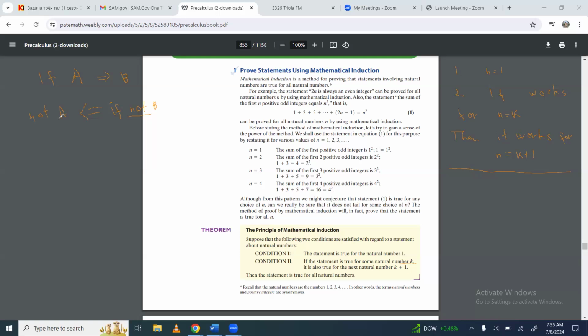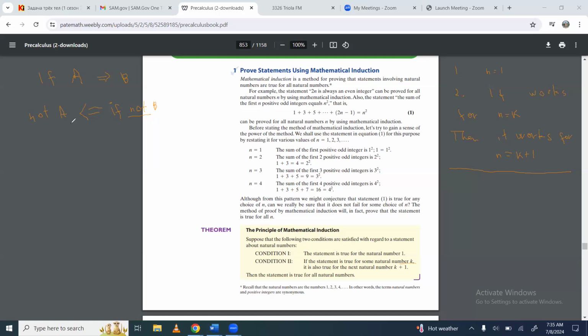For example, we can take: if Alex is online today, then we have a class. If we don't have a class, then Alex is not online.